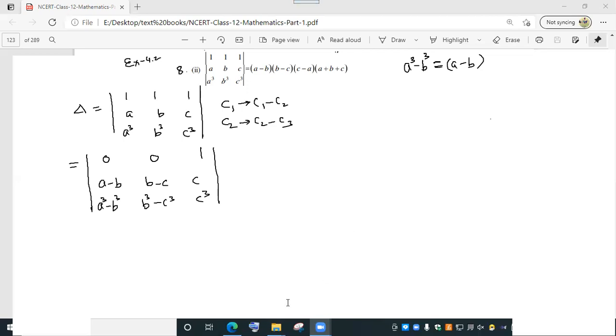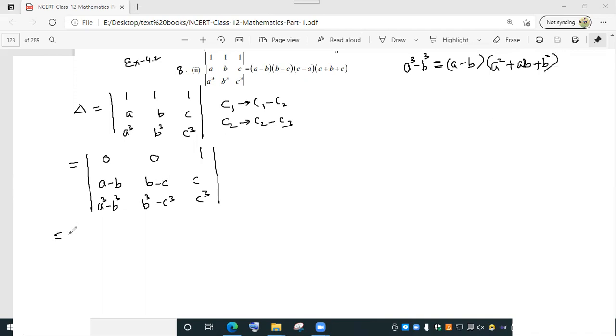We have done it in class 10: a cube minus b cube is equal to a minus b into a square plus ab plus b square. This will be used here.